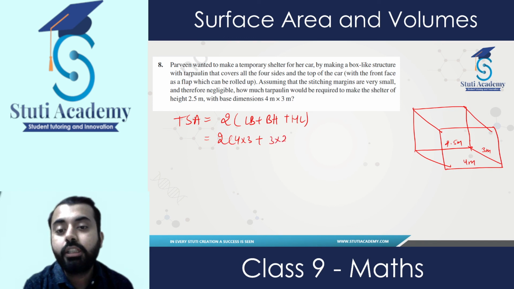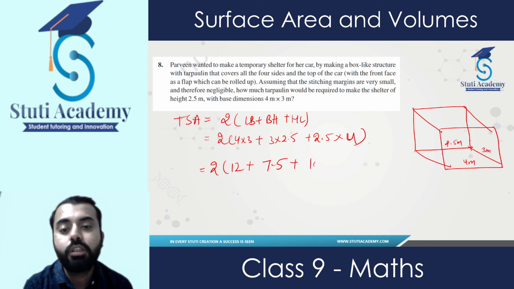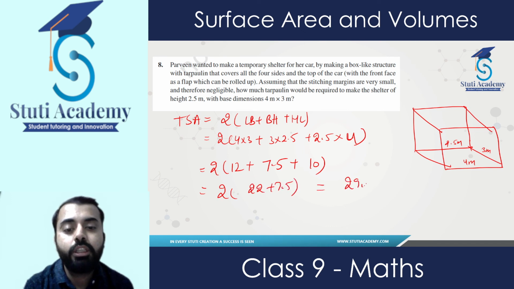Width is 3, height is 2.5, and length is 4. So it comes to 2 into (12 plus 10, 20 plus 7.5).